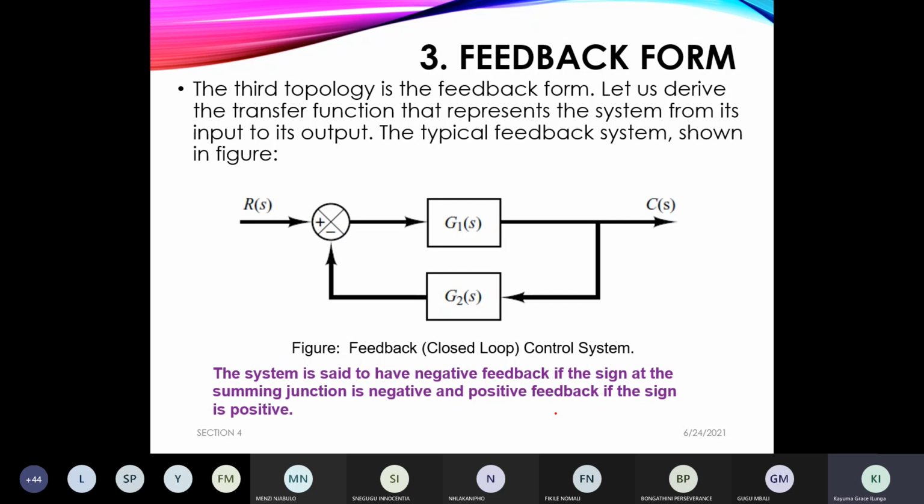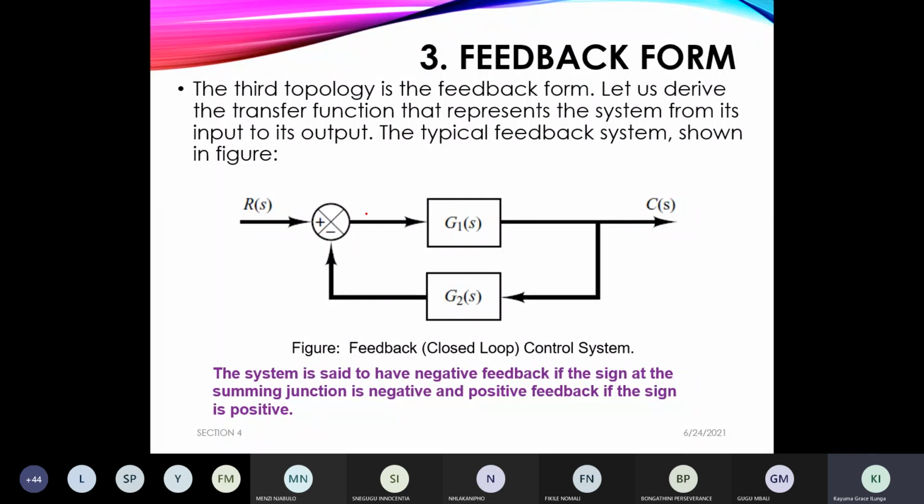It means that when there is a signal, the output is going back to the input, so it can go to the comparator and the controller, and you can have the actuating signal that is going to go again into the plant. So now we are going to analyze the feedback.